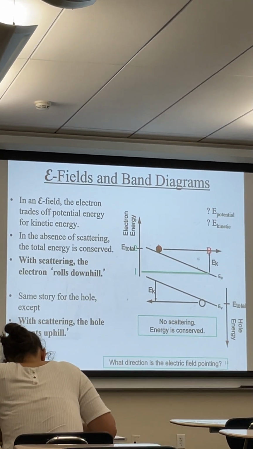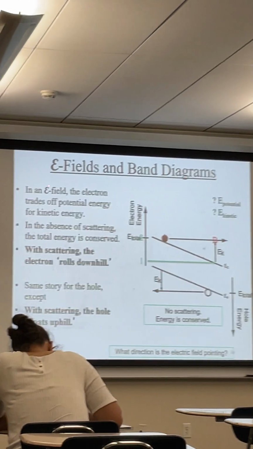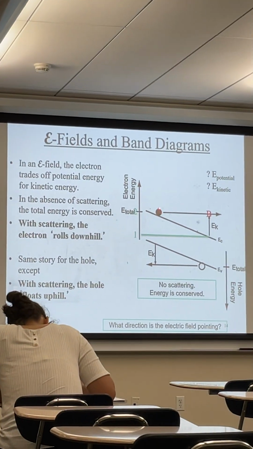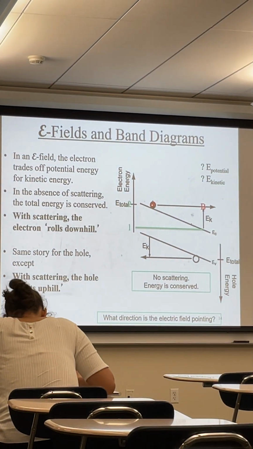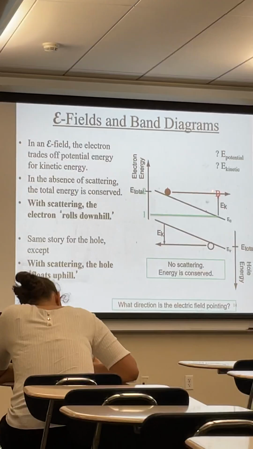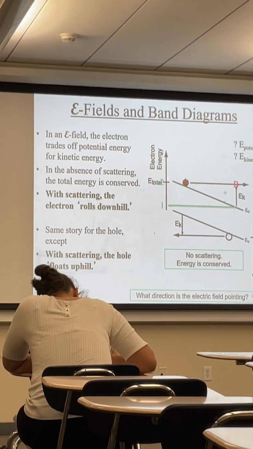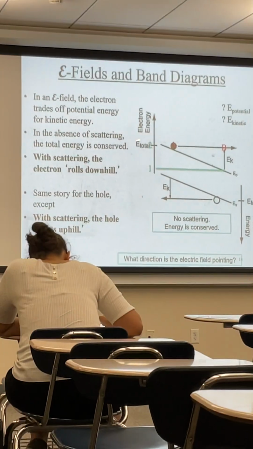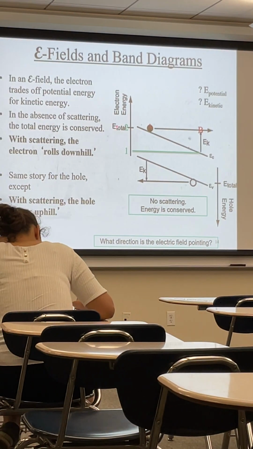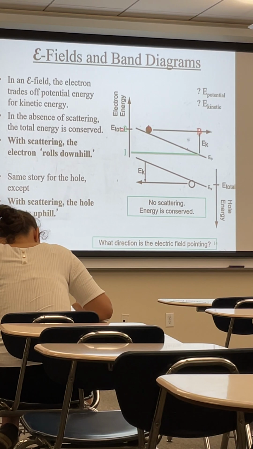For example, in an electric field, if we have an electron here, it can move to position B, right? You can see the total energy is the same. Remember this y-axis here, E is the total energy of the electron.